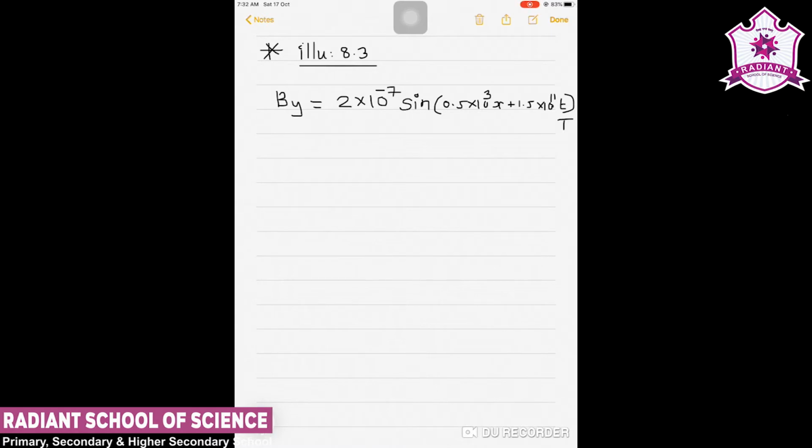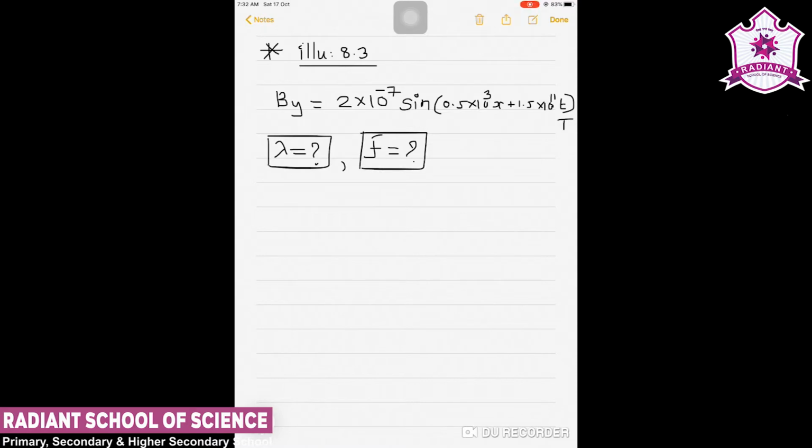Now it is asked, what is the wavelength and frequency of the wave. First of all they have asked what is the wavelength, and what is the frequency of the given wave. This is the question.